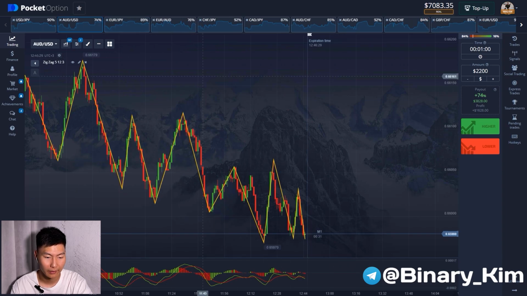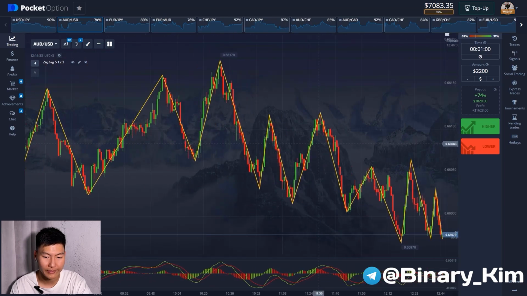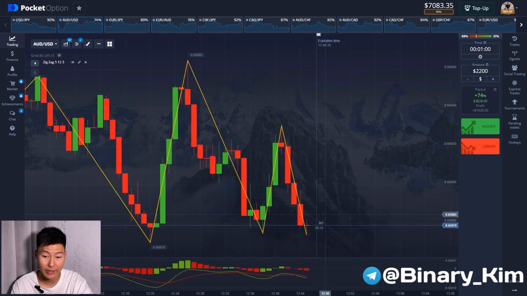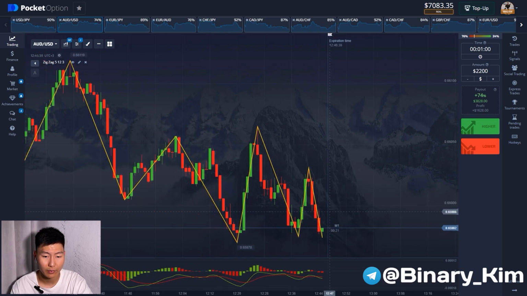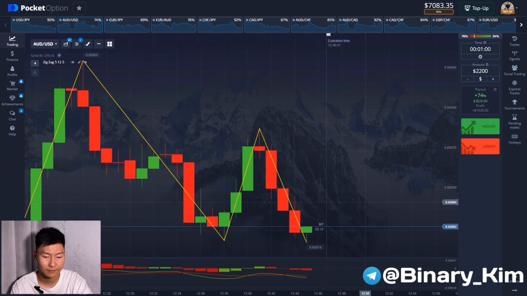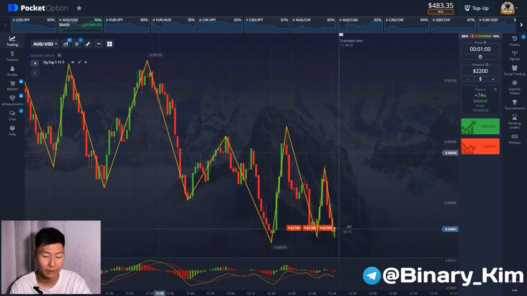Well, look at this downtrend. We see the intersection on MACD, and basically we can buy a put option here. We've traded this pair already.